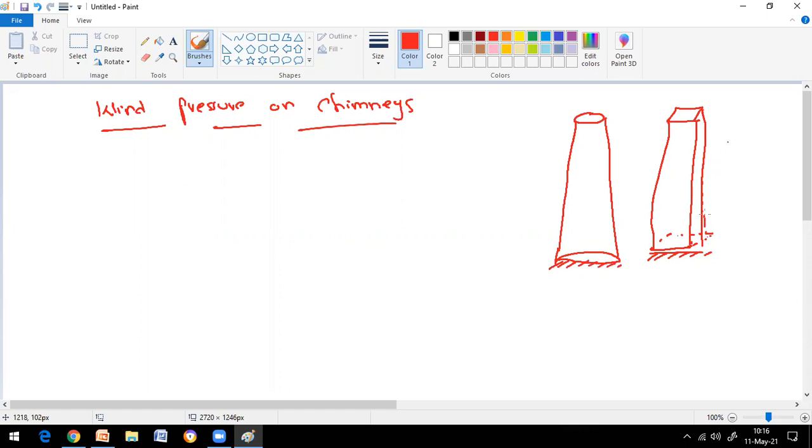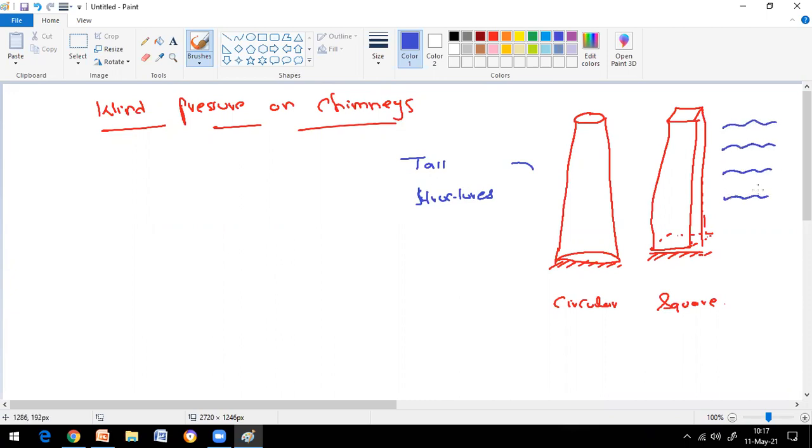There might be different cross sections like this. Basically, chimneys are tall structures which are subjected to horizontal wind pressure.